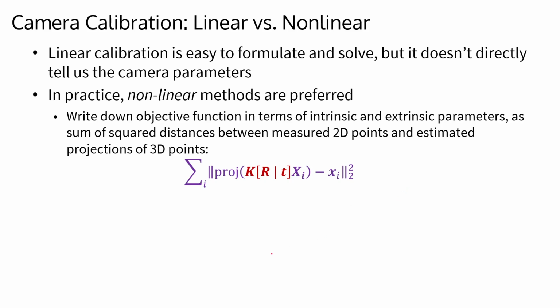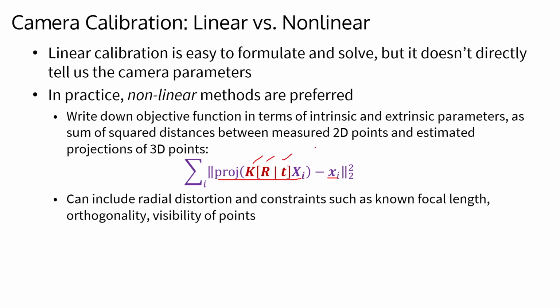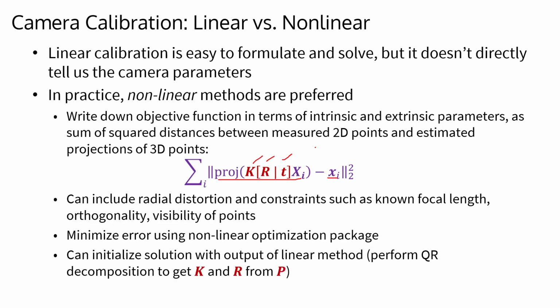You can estimate the 2D points by projecting in this fashion. Those are the estimated points, and you subtract the real ones, then square and sum. That's the error, which you minimize by adjusting K, R, and t. It can also include radial distortion and concepts such as known focal length, orthogonality, visibility of points, and so on. By minimizing the error using a nonlinear optimization package, we can find K, R, and t.